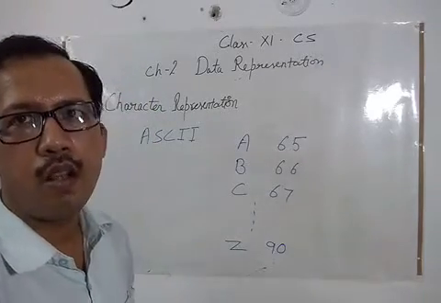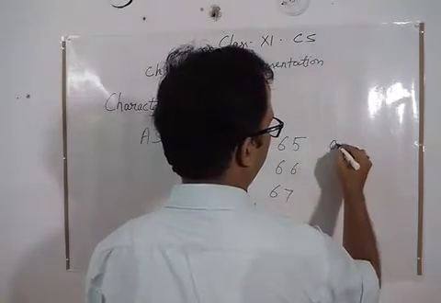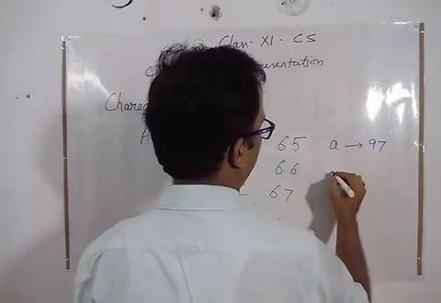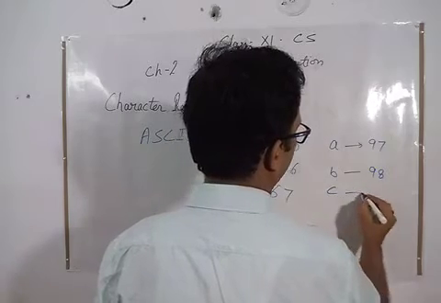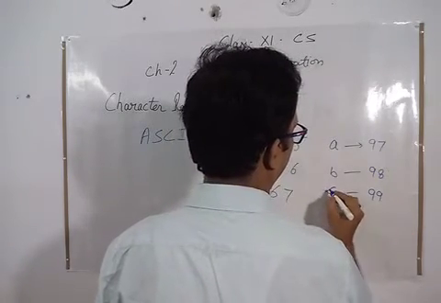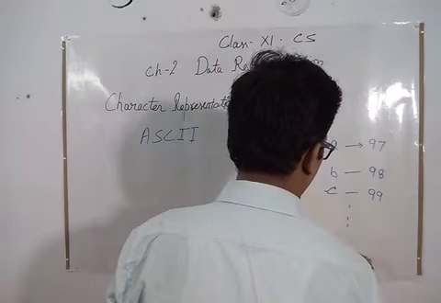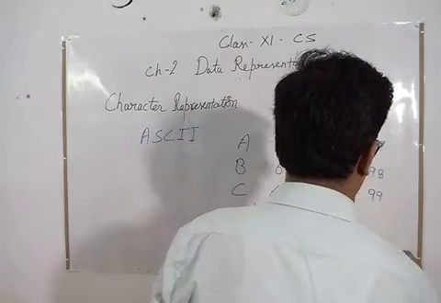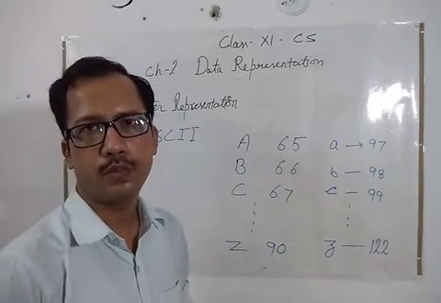Similarly, it has also given the codes for lowercase letters. For small a it has given 97, small b 98, small c 99, and small z 122.